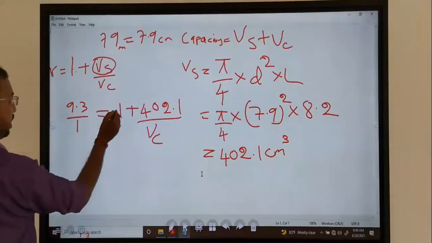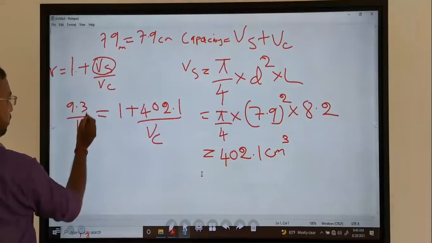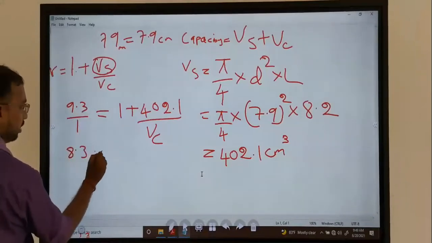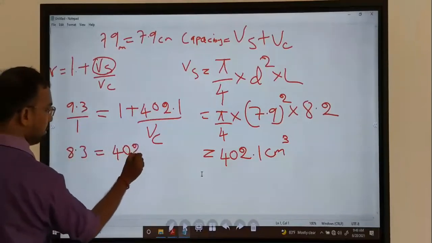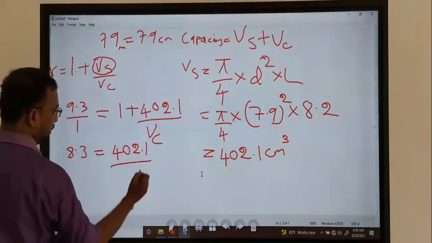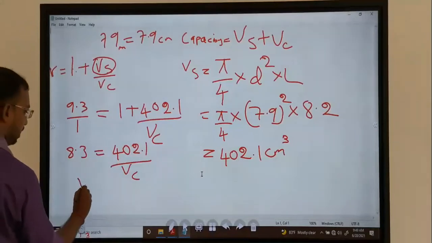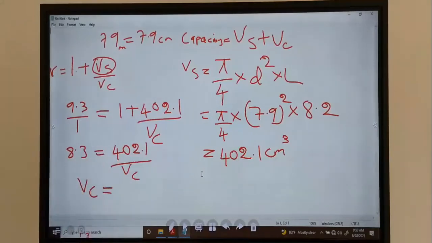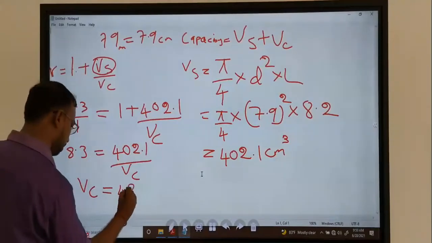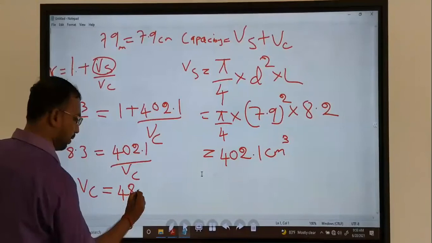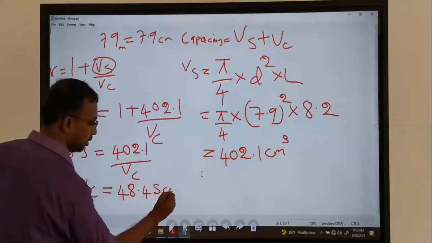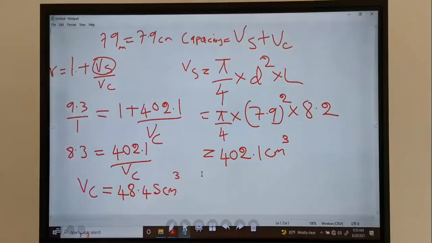So we reduce 1 from 9.3, so 8.3 equals 4.2.1 into Vc. So Vc is 48.45 centimeter cube. So now we know the Vc.